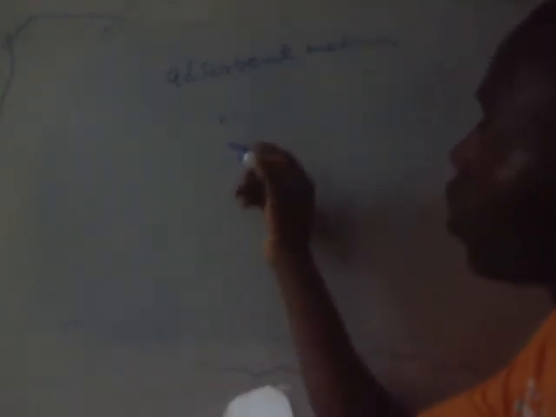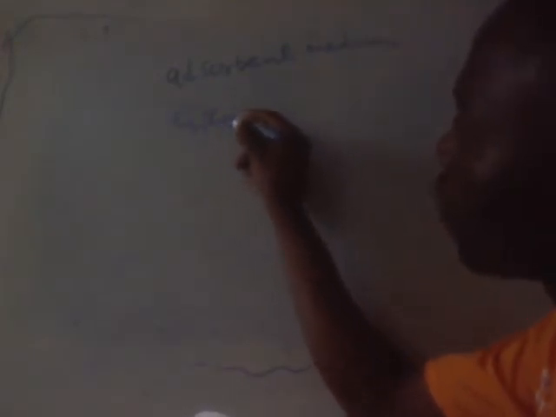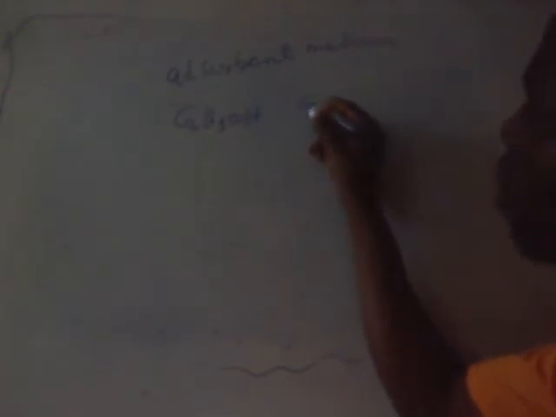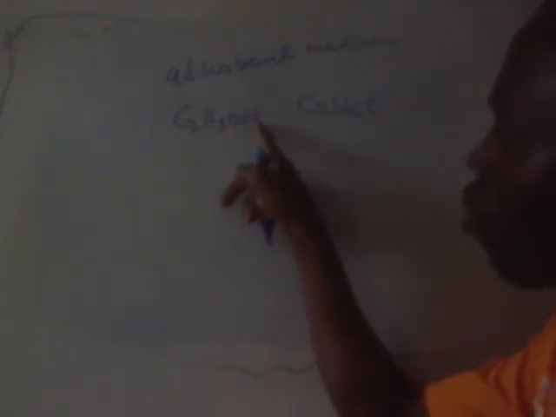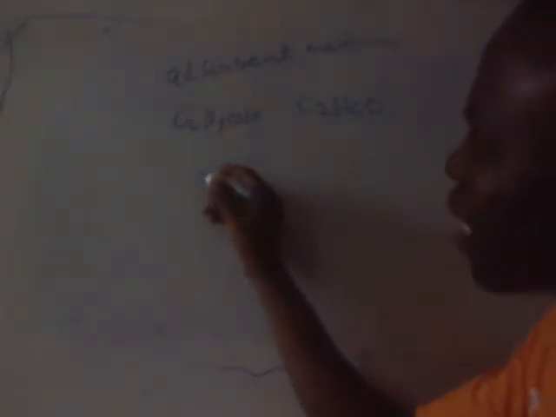Like we can have C2H5OH, which is the same thing as C2H6O. Carbon 2, hydrogen 5 plus 1 is 6, oxygen 1. The same number of atoms of carbon, the same number of atoms of hydrogen, 6 here, the same number of atoms of oxygen, 1 here. So we can take this one as ethanol.